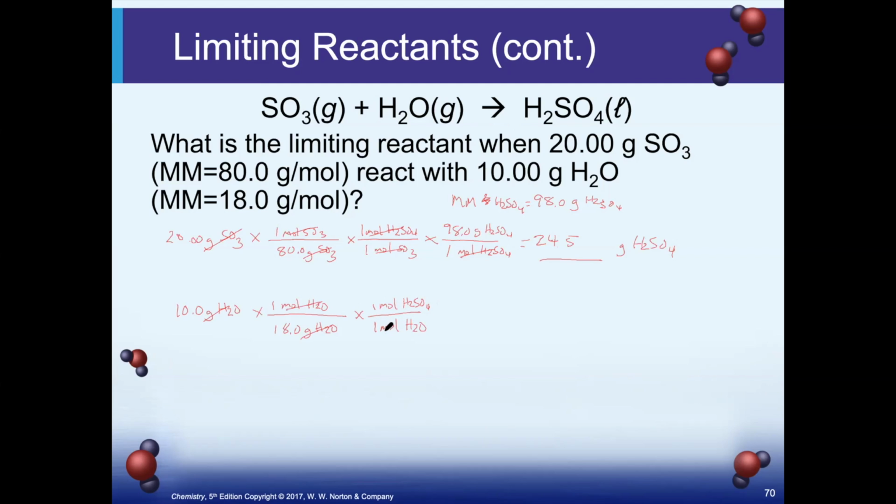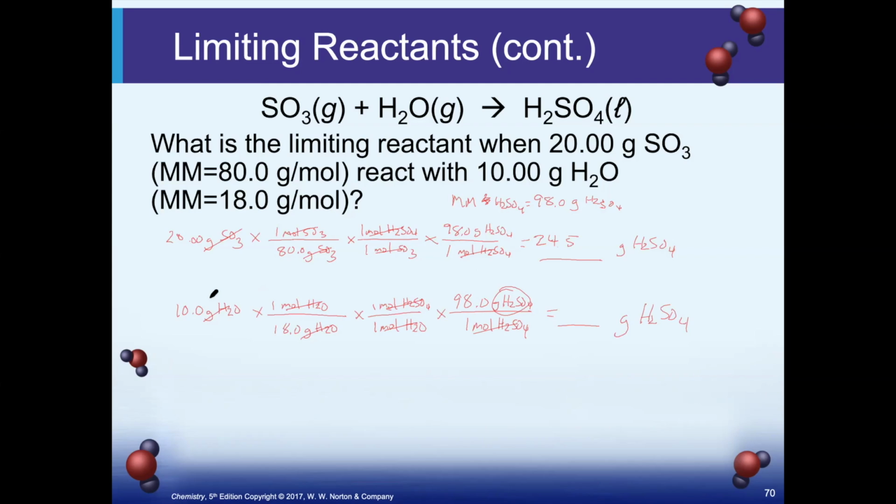Moles of H2O cancel. Then once again, I change that into grams, 98 grams of H2SO4 for every 1 mole of H2SO4. Moles of H2SO4 cancel, and so I have grams of H2SO4 based on the water as a reactant.